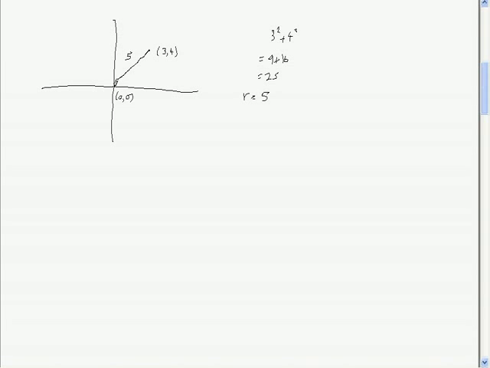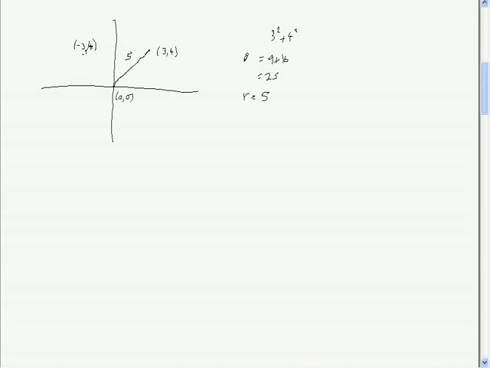Let me choose another point here, and I'll call that minus 3, 4. Here as well, the difference in the x coordinate is 3, and the difference in the y coordinate is 4. The negative sign doesn't really affect it, because even a negative answer, if you square it, you'll still get a positive answer.